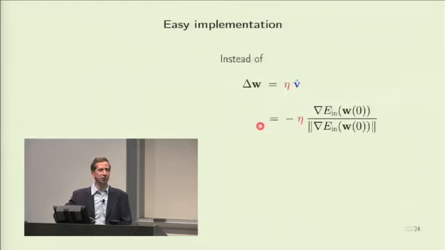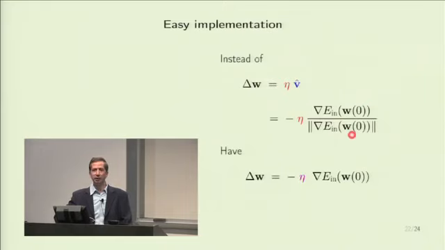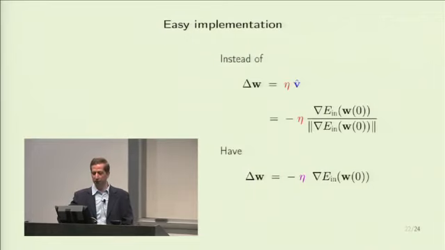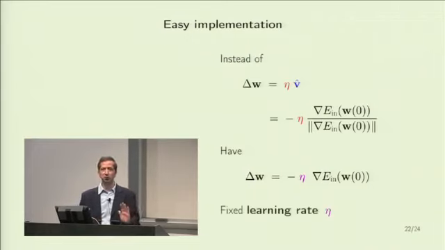If I make eta proportional to the size of the gradient, something will nicely cancel out, and I will get another eta, purple eta, which is the new constant, and this term completely cancels out, leaving a very simple formula. Now it's not a fixed step anymore, but a fixed learning rate. Eta now being the learning rate, you just compute the gradient and use that learning rate, and that will take care of the previous observation.